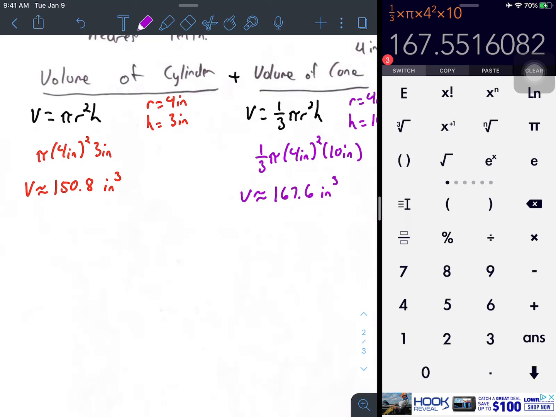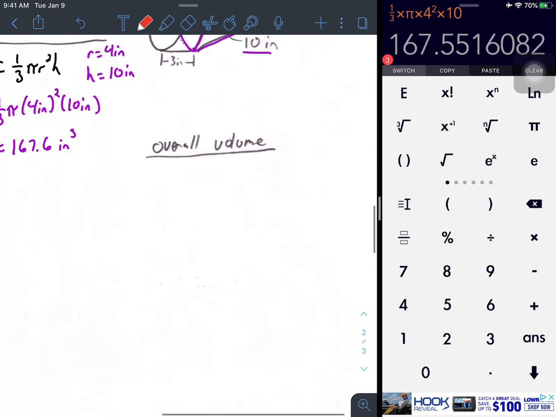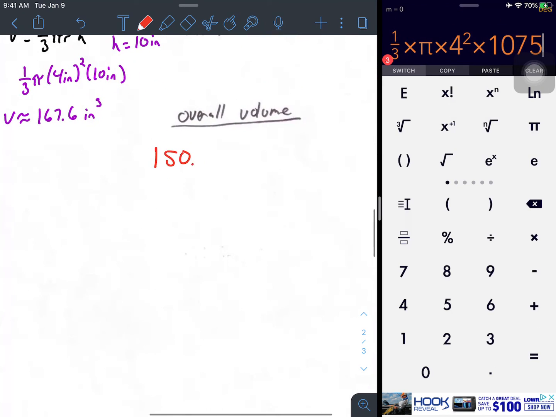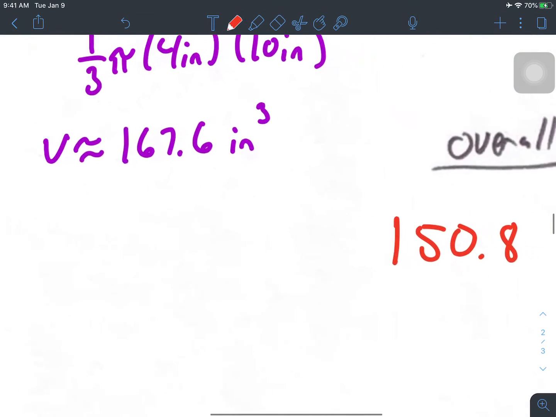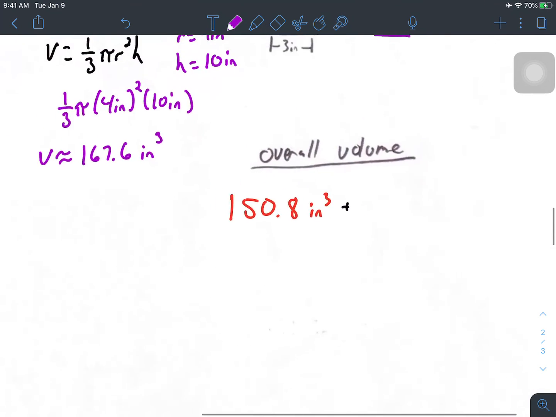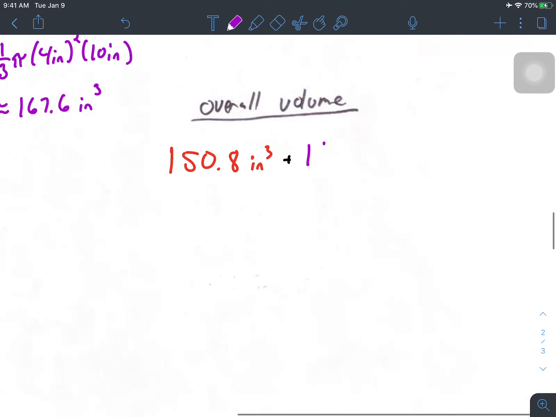Last step that we need to do is combine these volumes together. So over here, our overall volume for the cylinder was 150.8. And then we're going to add in the volume of the cone, which was 167.6 cubic inches.